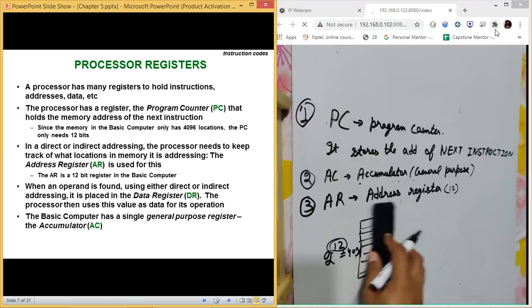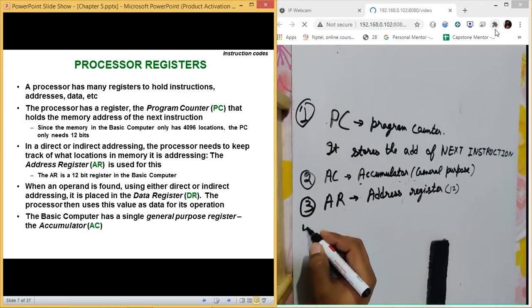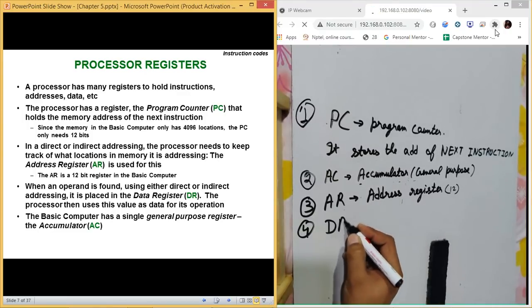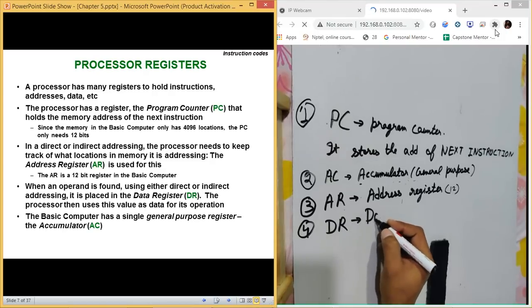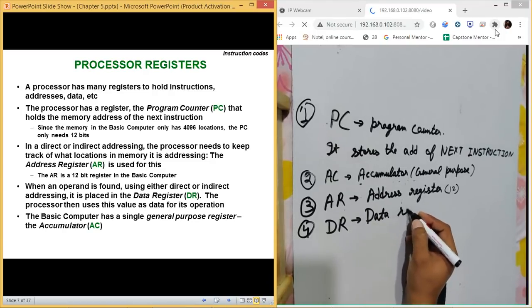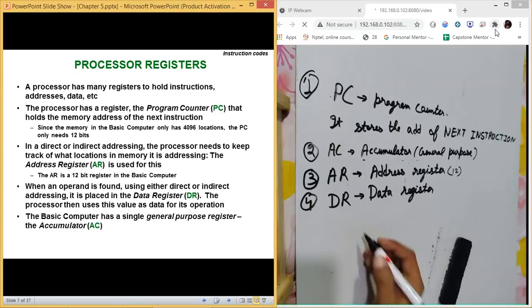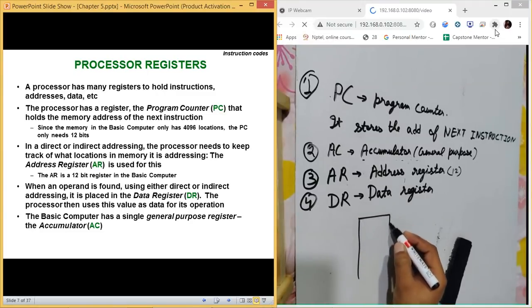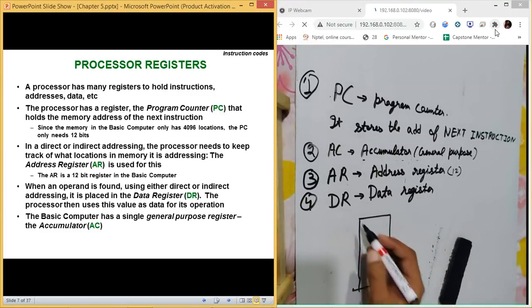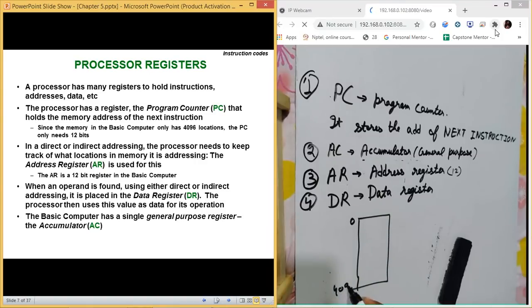DR is its name, so we can name it as DR, which is the data register. Now in the case of data, this was the memory: total 4096 words, and how many address bits were we requiring? 12.